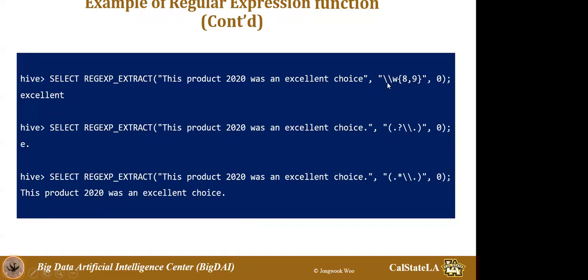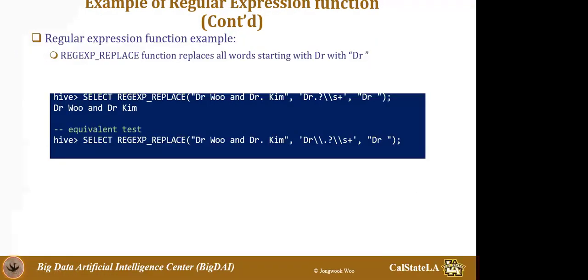And any alphanumeric character between 8 to 9 will return excellent. And any character that would occur 0 or 1 time, and the dot character would be en dot. And any character that would occur 0 or multiple times with a dot will return the entire subject. So this is how you can test the regular expression function and its pattern. Does it make sense?